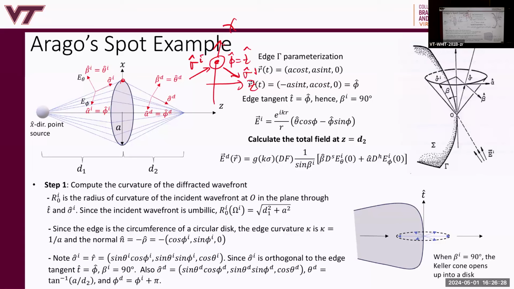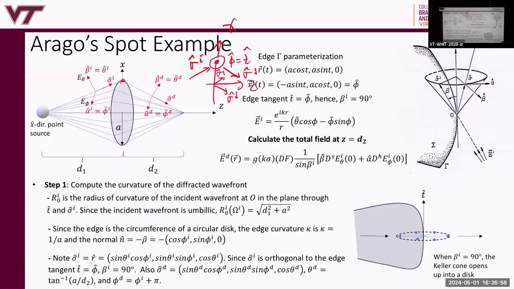And therefore, if we translate these down into this plane here, we have sigma incident and sigma diffracted. And the difference in the angle phi here is 180 degrees, right? Is that right? Yeah. No, that's not right, right?